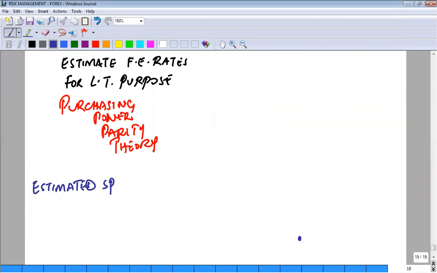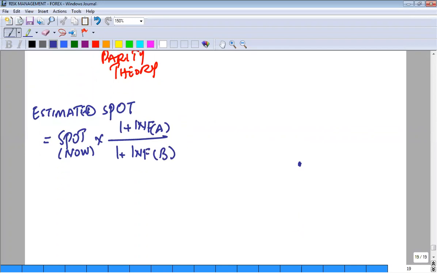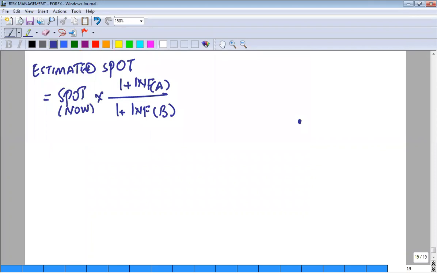In this scenario, the relationship can be established by estimating the spot: the estimated spot is equal to spot now multiplied by (1 plus inflation A) over (1 plus inflation B).